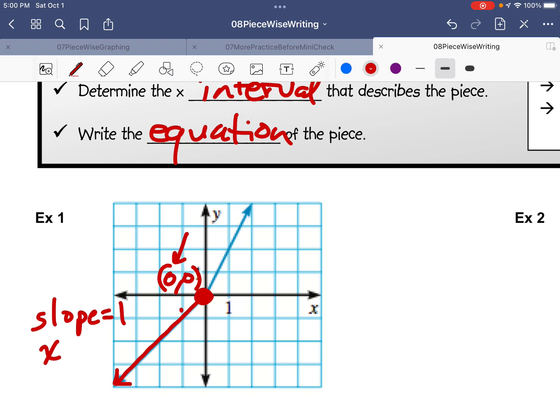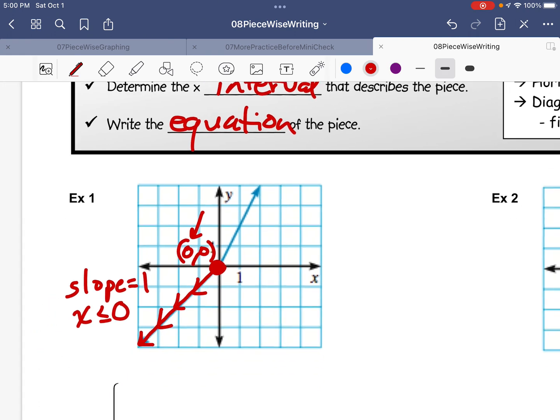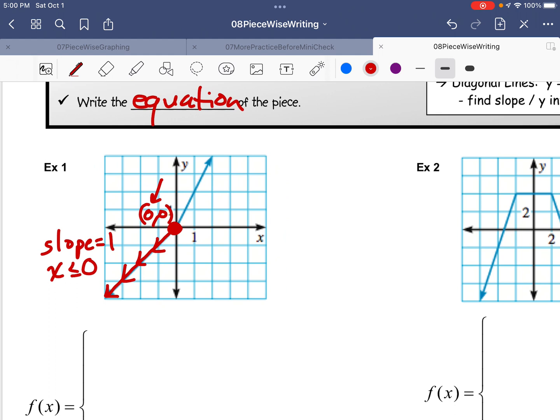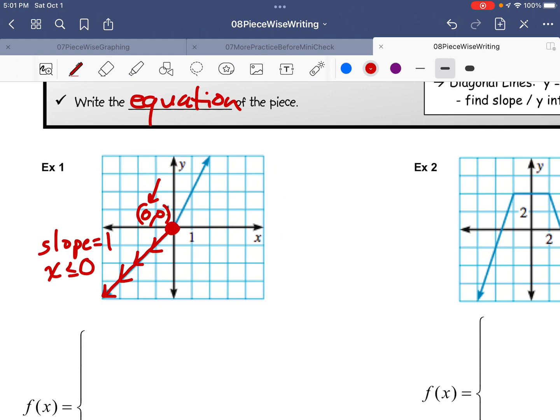Since my graph is going to the left of that point, I'll choose a less than sign. Sometimes people aren't sure, should it be equal to or not equal to? Well, the truth is, it's going to be equal to for one piece or for the other. So I'm going to go ahead with the equal to for this piece.